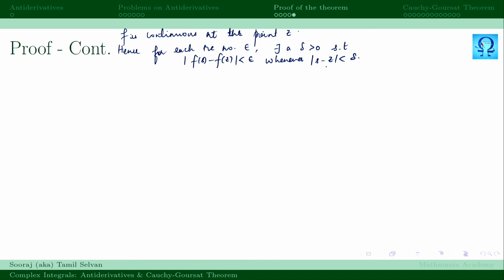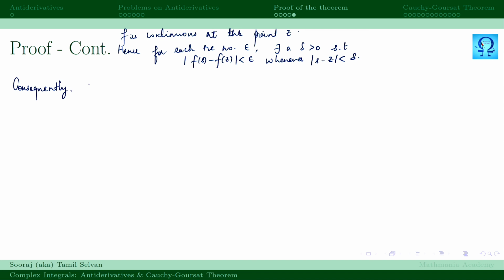Okay, so this tells you that the absolute value of s minus z is going to be a very small quantity. So when that is a very small quantity, of course the corresponding values of the function also lie within a very small difference, right? So now let us proceed with the proof.